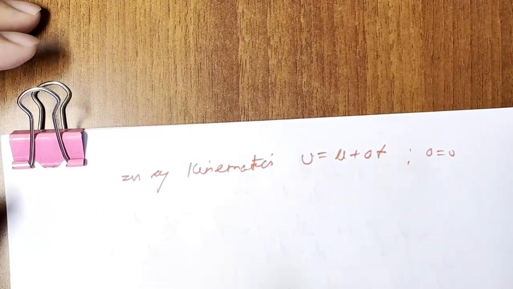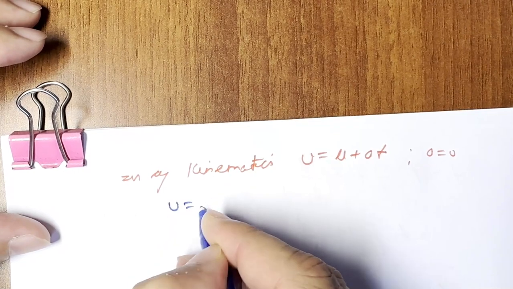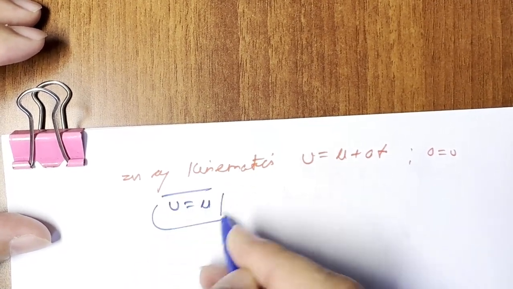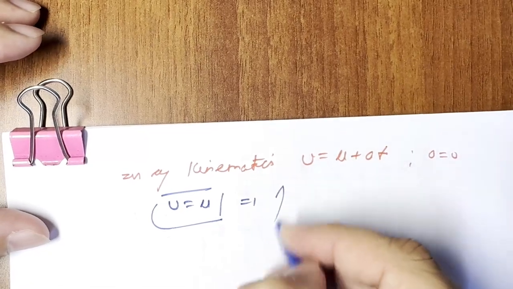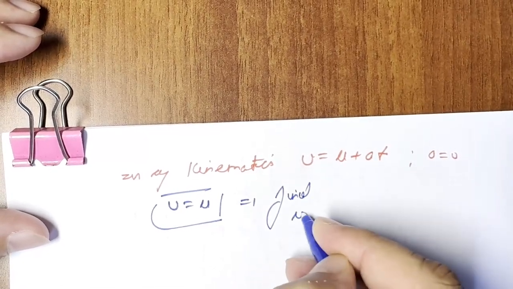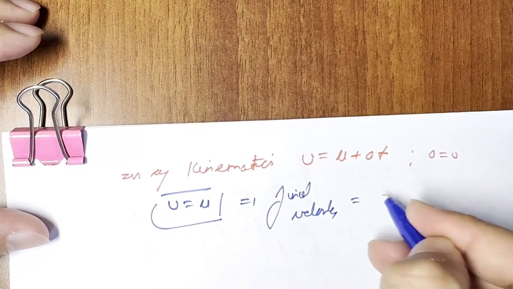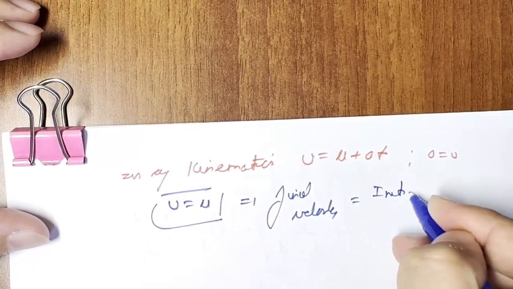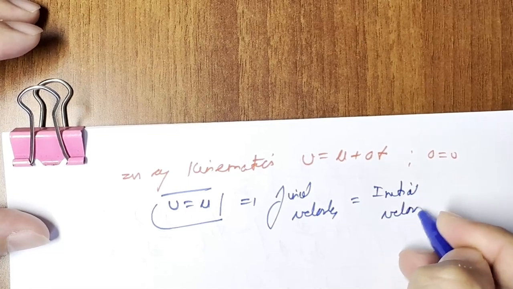So we get V is equal to U, or final velocity is equal to initial velocity.